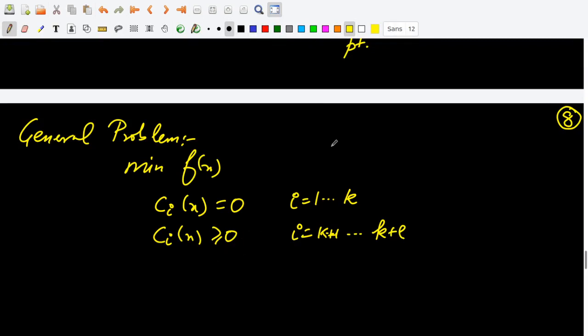Sometimes it might be easier to use the notation that i in the equality constraints is denoted by set E, and i in the set of inequality constraints I is for constraints that have greater than equal to sign.